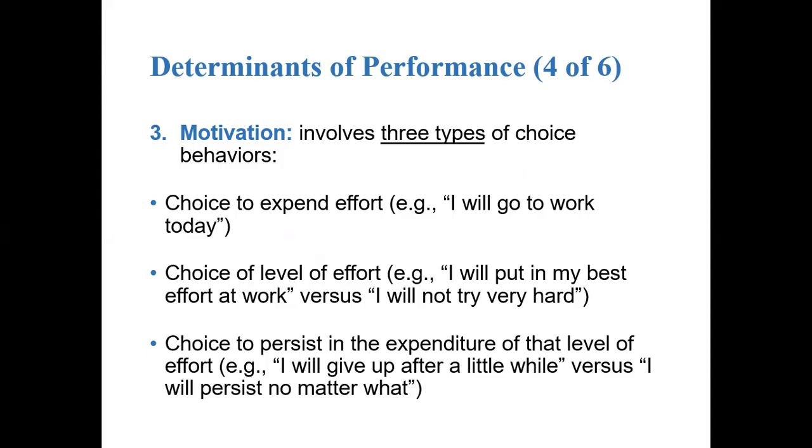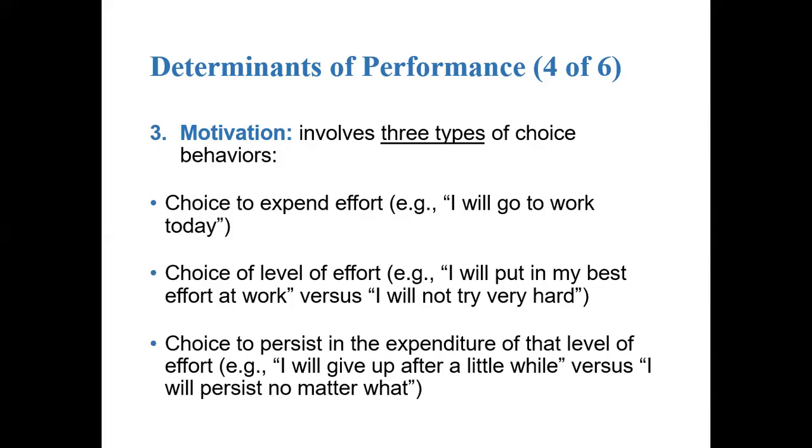Okay, determinants, motivation is the third one. So that involves three types of choice behaviors. When we say motivation, how the person even chooses to do things at the workplace will tell you their level of motivation. So choice to expend effort. Example, I will go to work. That's different from choice of level of effort.